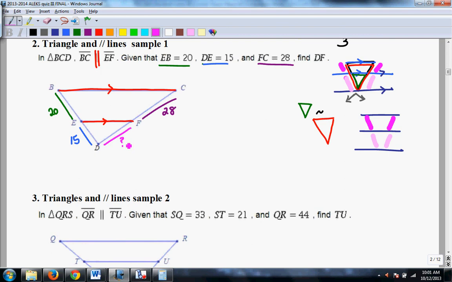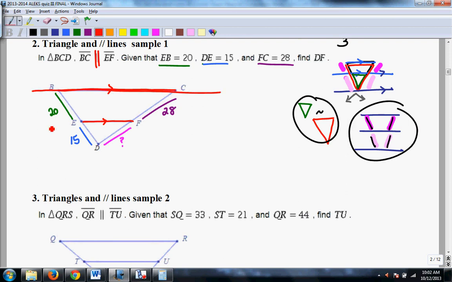Okay, now you need to visualize these segments here and ask yourself, does it look like the given information would best fit with two separate triangles or pieces of parallel lines? You ask yourself, what is this best fit? And if you look carefully, it's the one on the right, which means pieces of parallel lines, because here are parallel lines, and it all fits on those pieces.